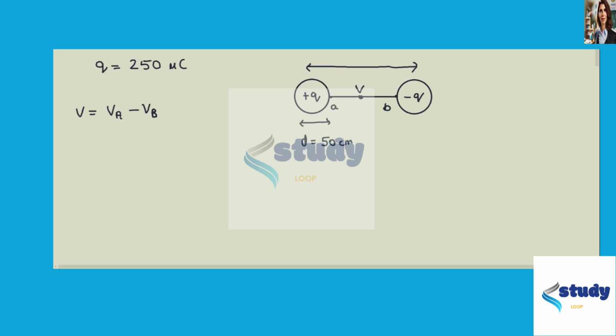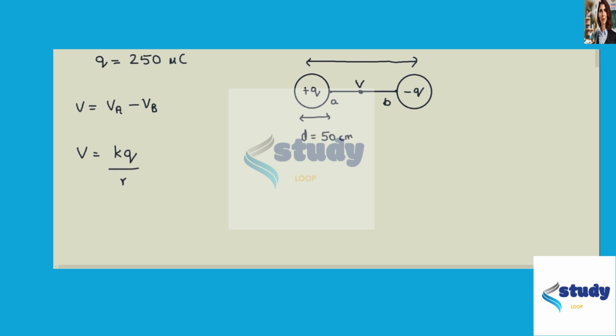Now, let's get started by calculating the potential at A. So the formula for potential V is equal to K, which is the Coulomb constant, times the charge Q, divided by the radius, which is the distance between the center of the point charge and the given point.